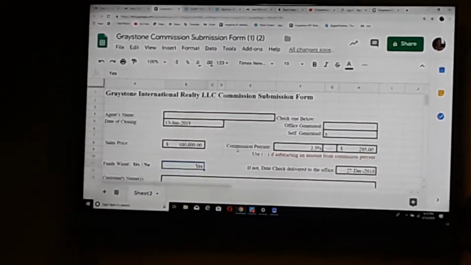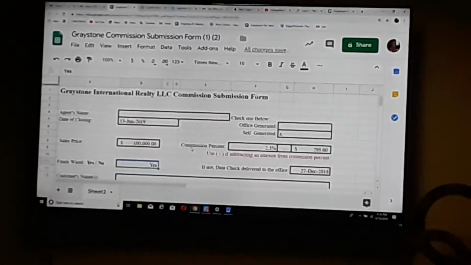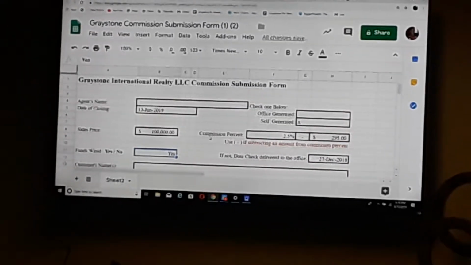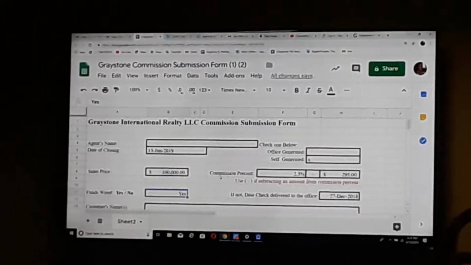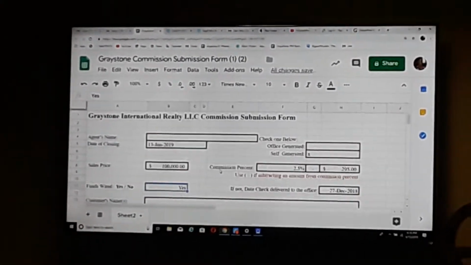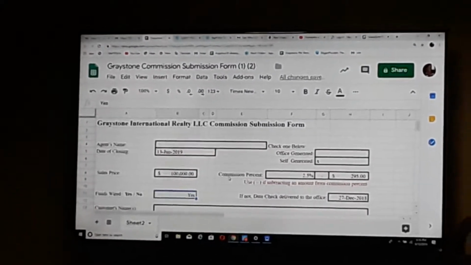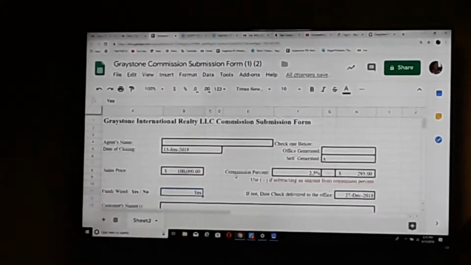Now, Angel, the 395, can we combine both, plus and minus, in there? No, that's the transaction fee. MLS fee is one thing, transaction fee is another thing. The MLS fee is charged to the buyer's agent.